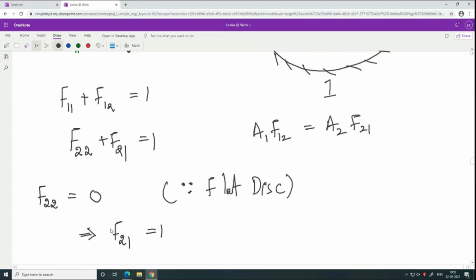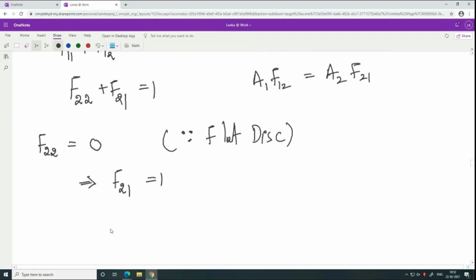Now, let's make use of the reciprocity theorem. Using it, you can get F12. F12 will be equal to A2 by A1 into F21. And you know the value of F21 is 1.